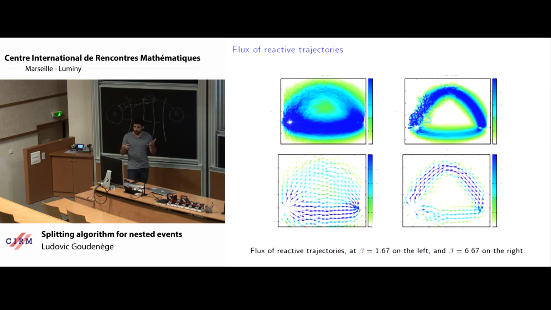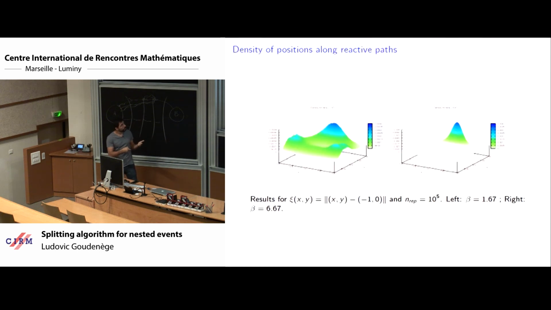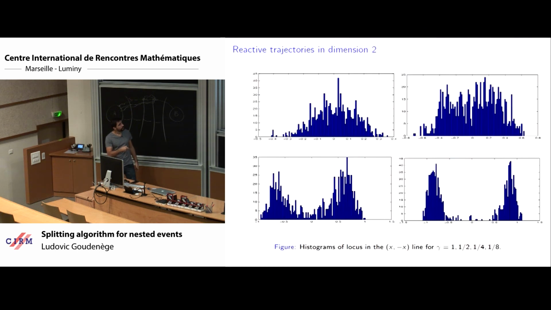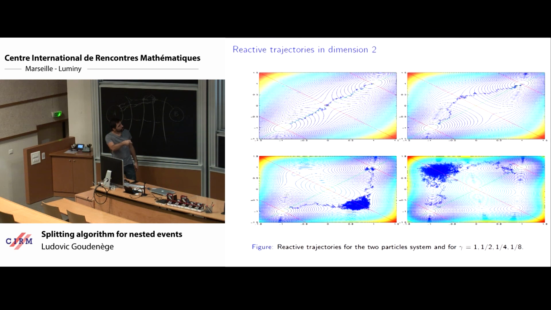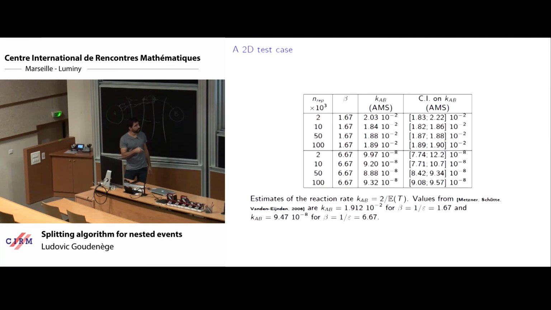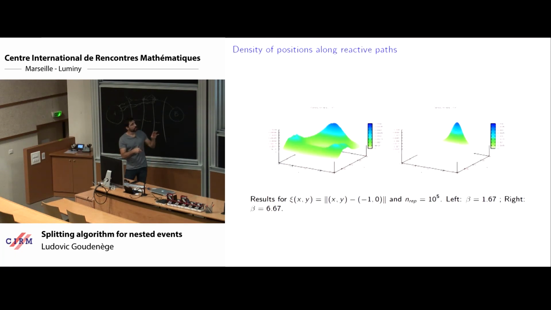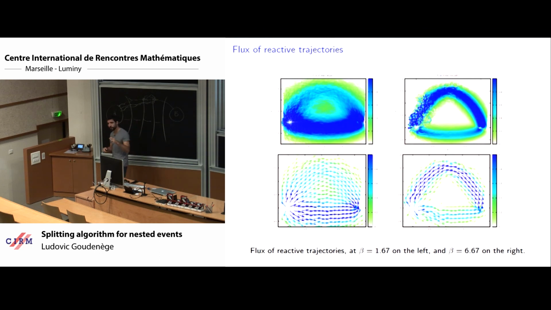This is not the same problem as in the previous case, because there I was changing the potential and the temperature was the same. But if now I don't change the potential, but I change the temperature, you have the same kind of behavior. There is in fact a competition between the shape of the potential and the temperature.